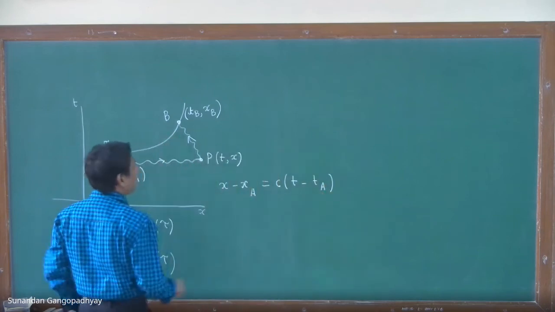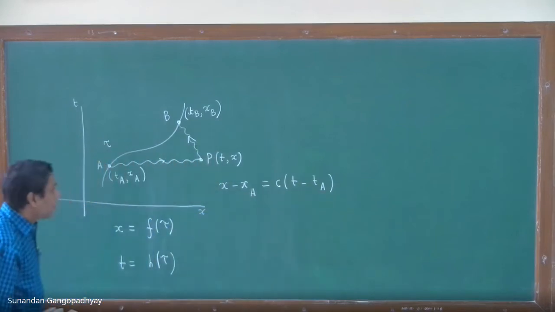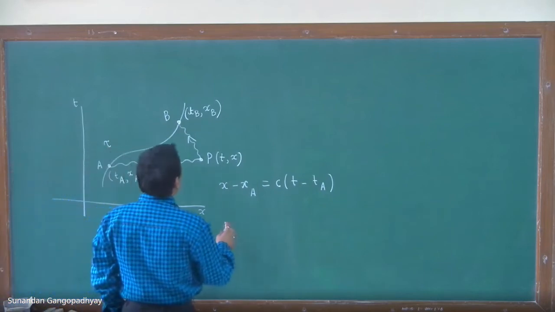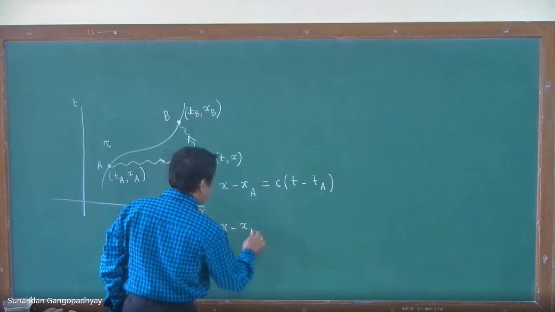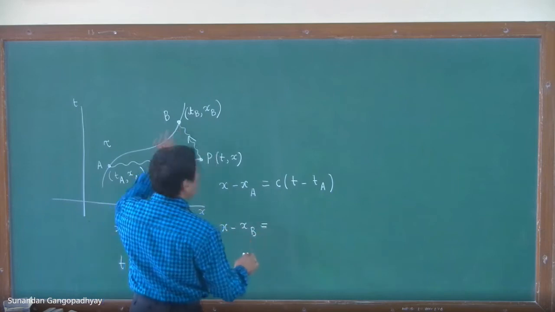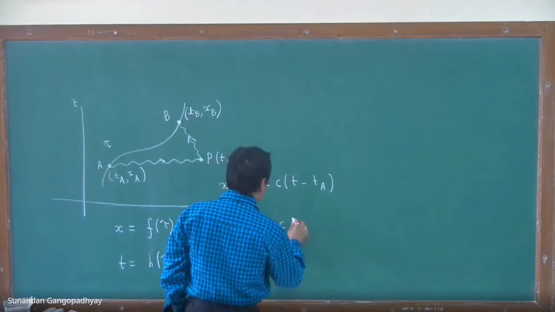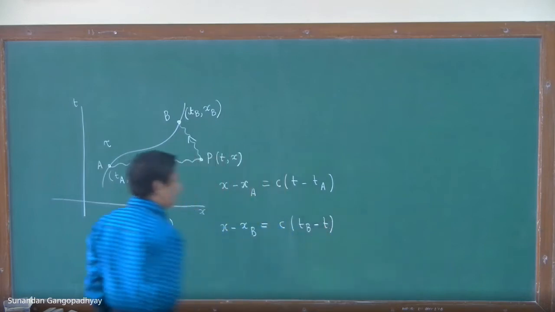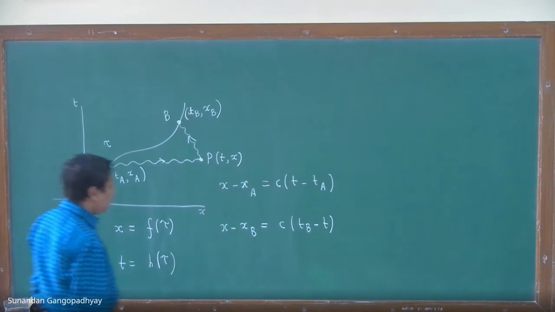The second equation: this is the distance that is equal to the speed of light multiplied by the time interval that has elapsed. Then you can write the following: x minus xb, once again this is the distance, is equal to c times tb minus t. So since these are connected by light signals, you can write these equations.